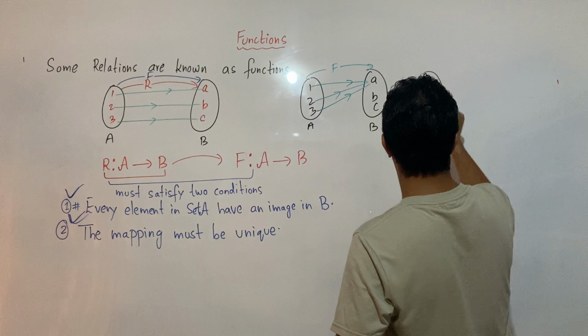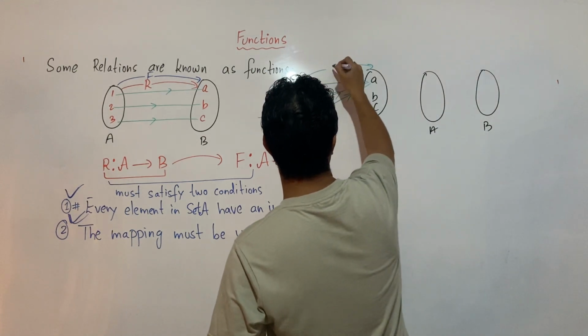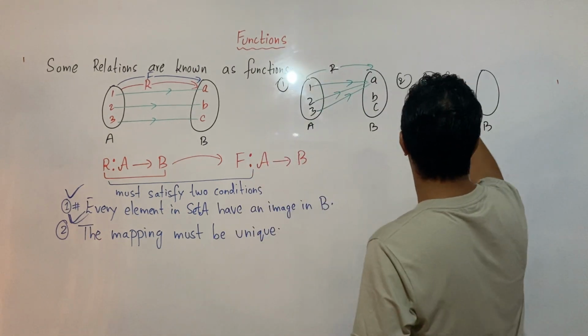Here I have A, here B. Okay, this is a relation. This is number 1, this is number 2. Here 1, 2, 3.